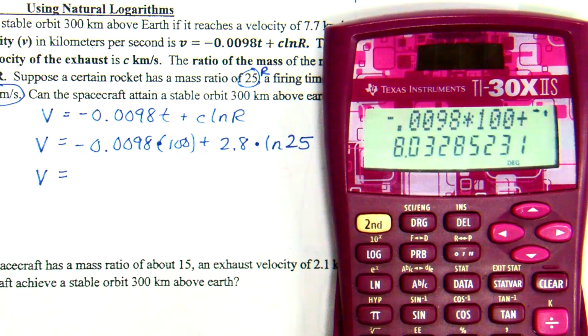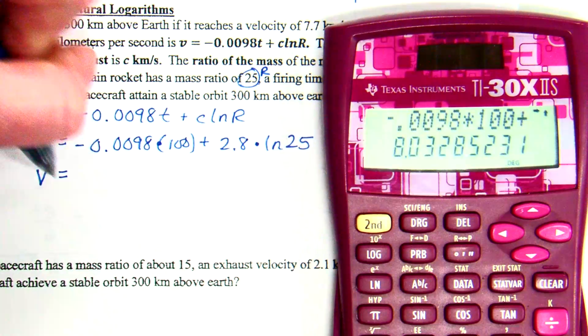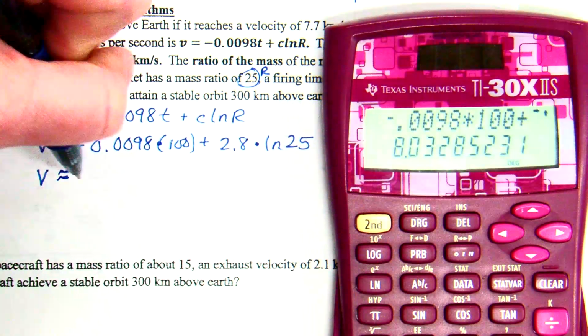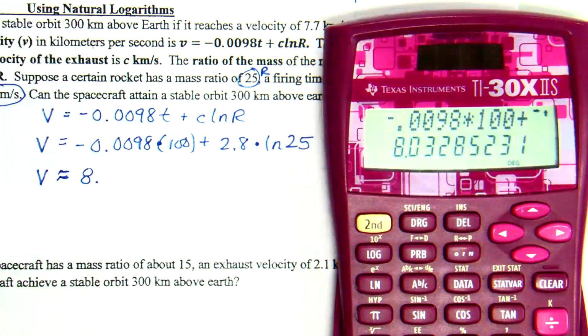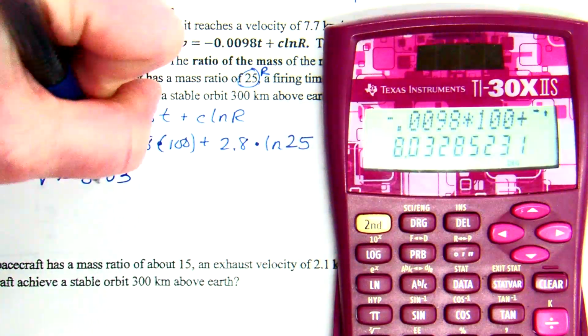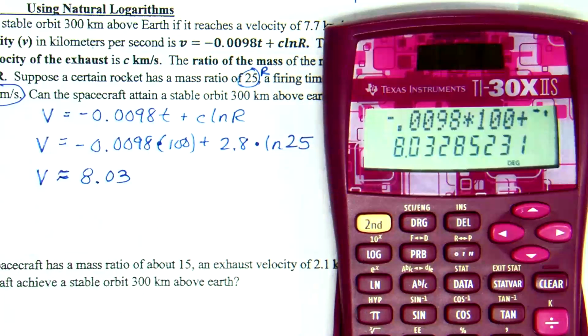If you do it correctly, you get this answer here. I'm going to go with 2 decimal places. 8.03.